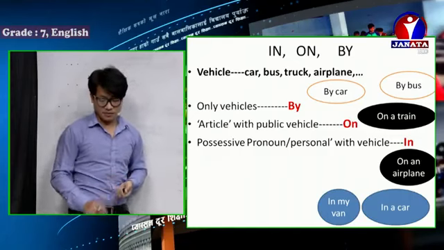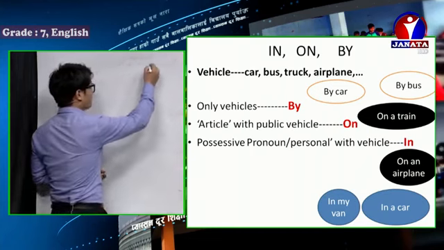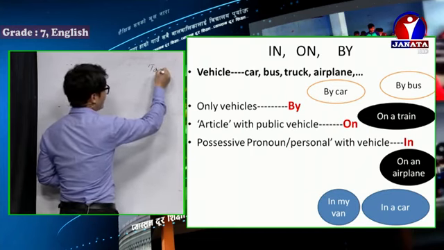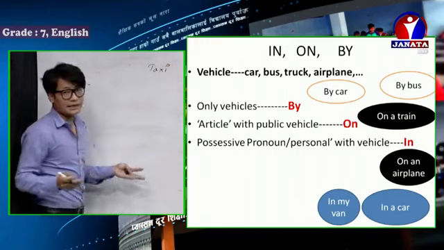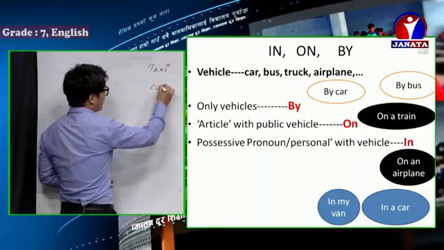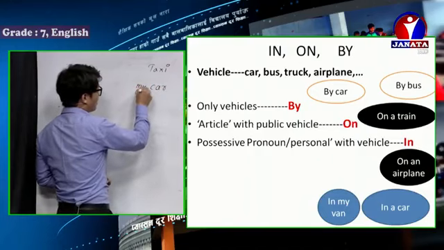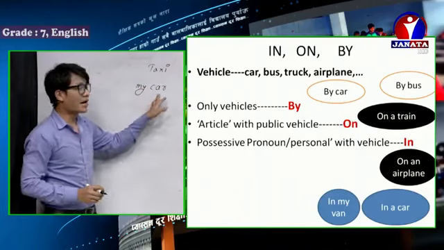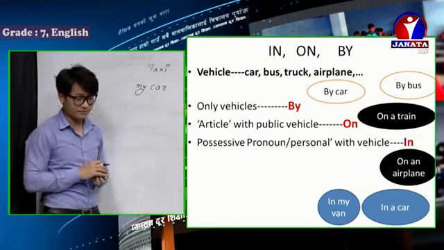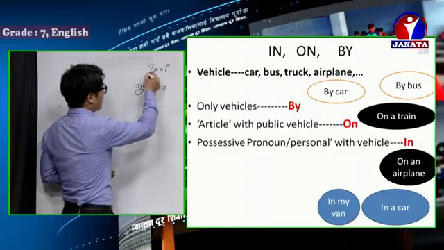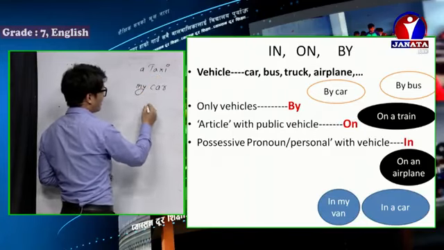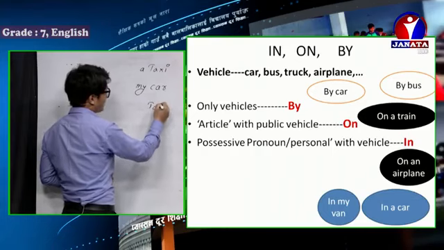Now let me give you more examples here. Suppose, see, taxi. Obviously, a taxi is a public vehicle. Car. Let's write my car. My car. A car is obviously a personal vehicle. And let's write here a taxi, or my car, or here is nothing, like just taxi.